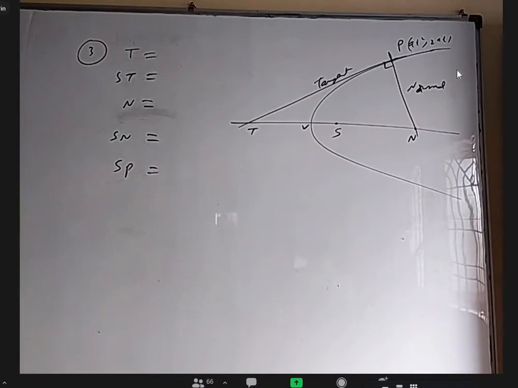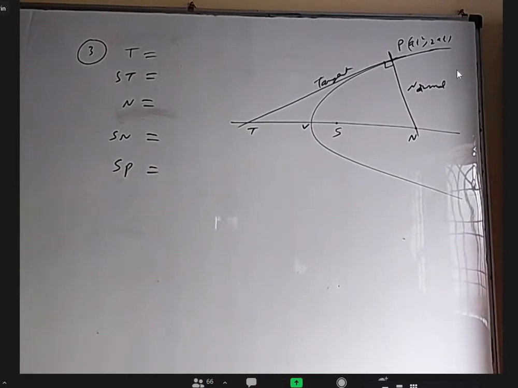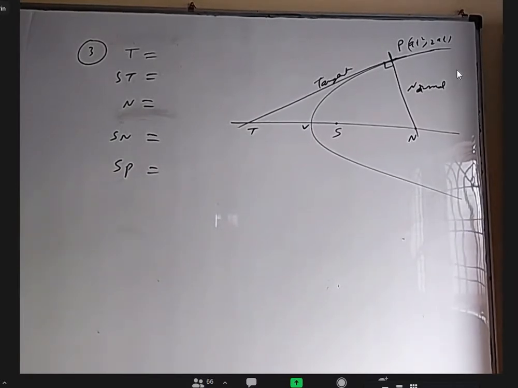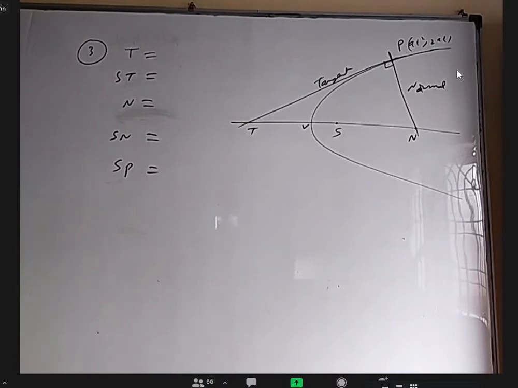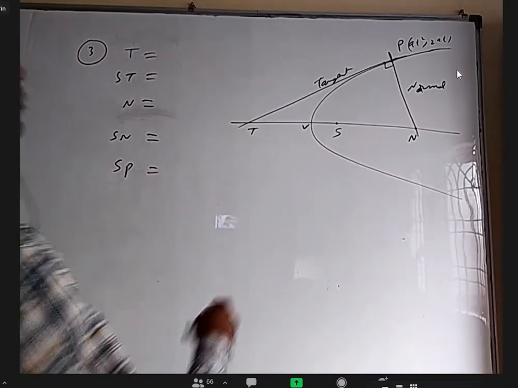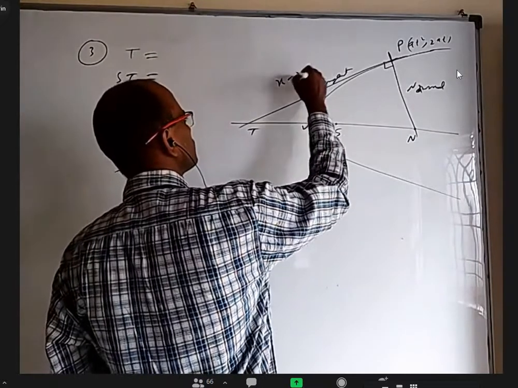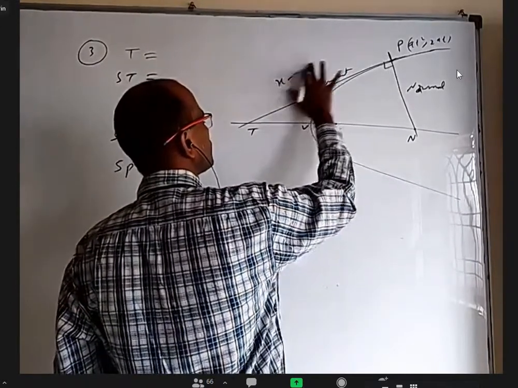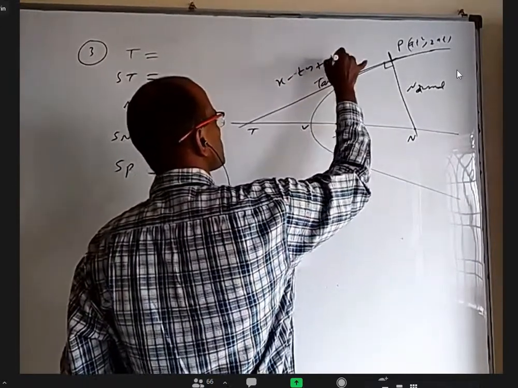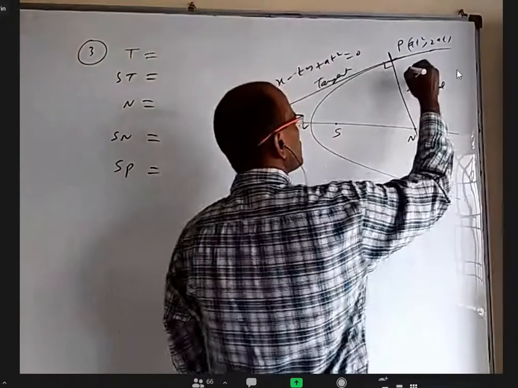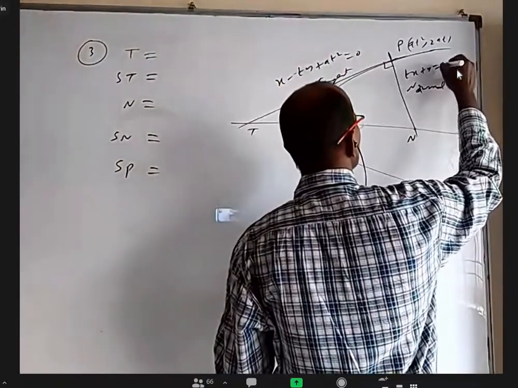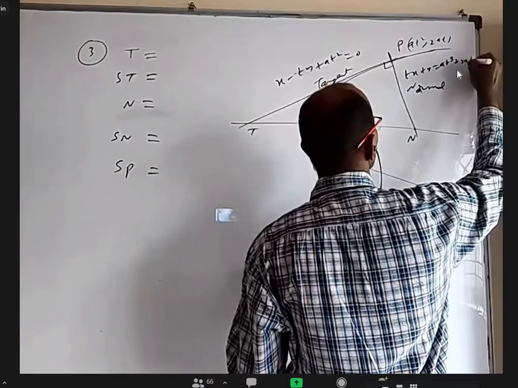What is the formula for the equation of tangent? x minus ty plus at² equal to 0, right? Yes, sir. Y equals 0. x minus ty plus at² equal to 0.